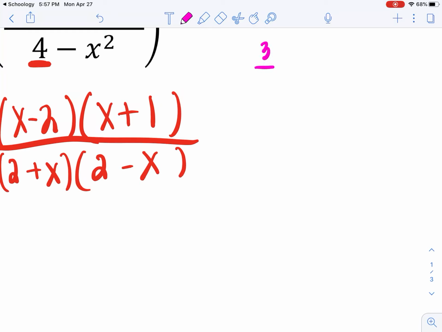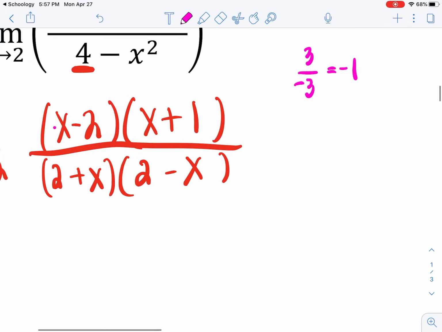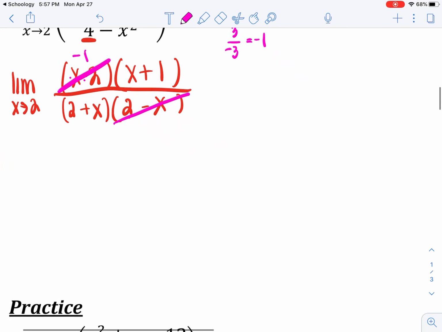If I plug in 2 and then do minus 5, I get -3. So this doesn't simplify to 1, which we call cancel out. This simplifies to -1. These are opposites of each other: a positive x, a negative x, a -2, a positive 2. Anything divided by its opposite is -1, so that cancels to -1.